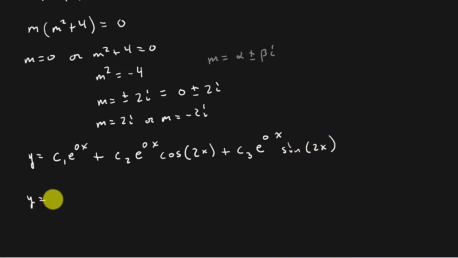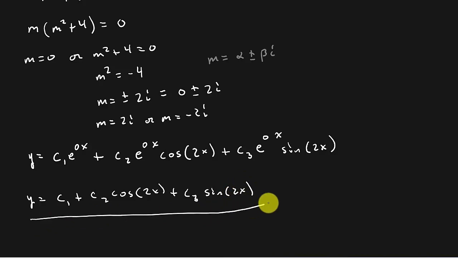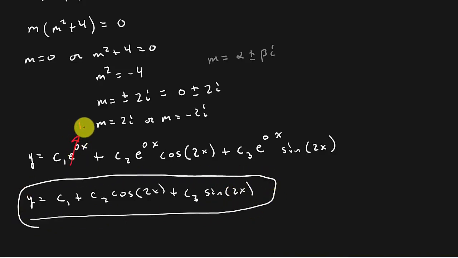And so we get y equals C1 plus C2 cosine 2x, because e to the 0 is just 1, plus C3 sine 2x. And this will be your solution right here, because remember, this term is 1, this term is 1, and this term is 1. And so that would be your answer there.